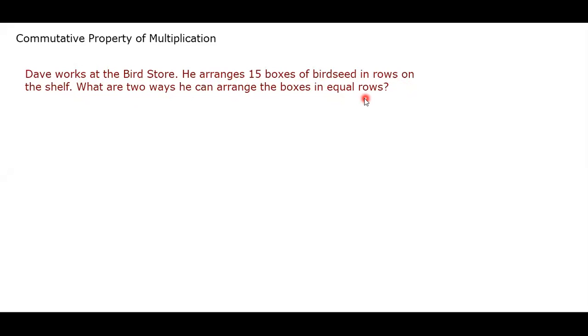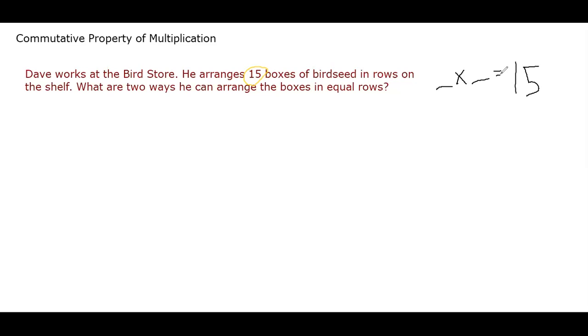Okay, so let's think about that. I know I need to have a total of 15 boxes. No more, no less, exactly 15 boxes. So no matter what numbers I multiply together, I know that this factor multiplied by this factor has to equal 15.